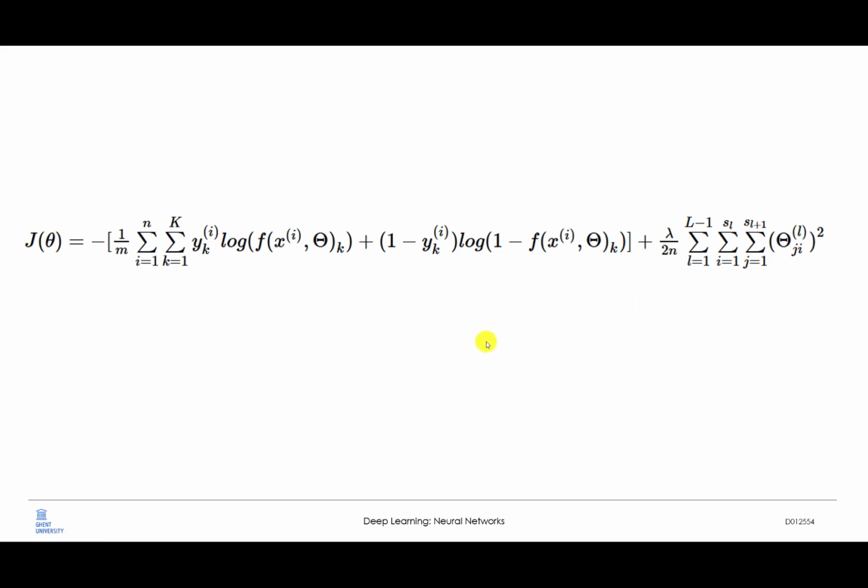So the way this is trained, so the way these model parameters are fitted to the data is very similar to the gradient descent approach from logistic regression, except in this case slightly more complicated, and the approach is called backpropagation. So training a neural network is typically done by a learning algorithm called backpropagation, but it's very similar.